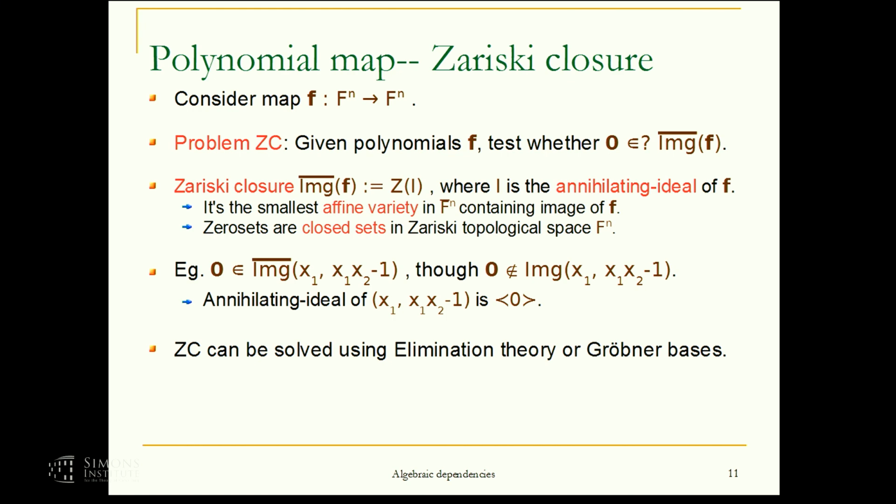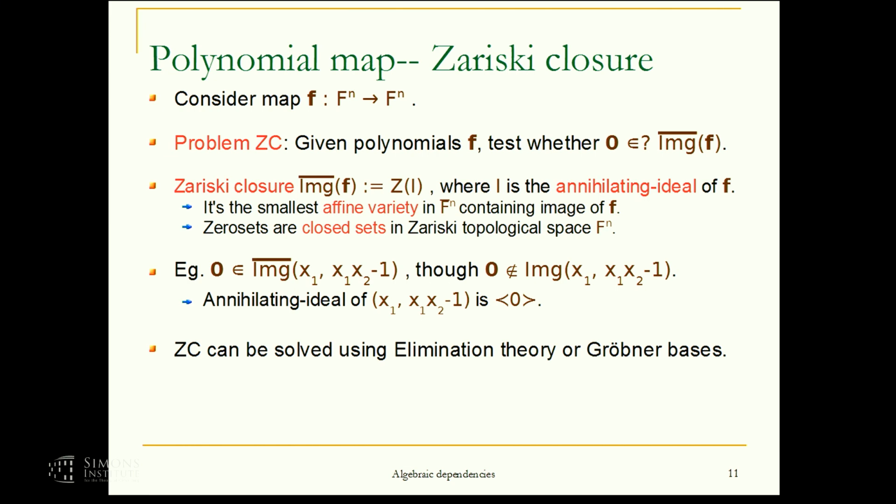So how do you solve this? You can try to find the annihilating ideal explicitly. You are given polynomials, and you try computing the annihilating ideal by finding its generators. And everything can be bad here. The generators may be exponentially many.